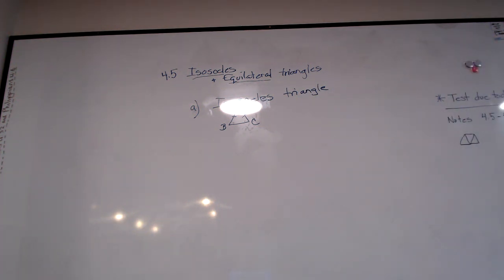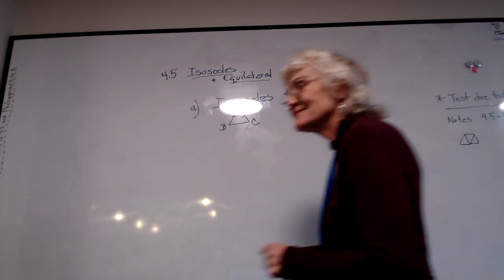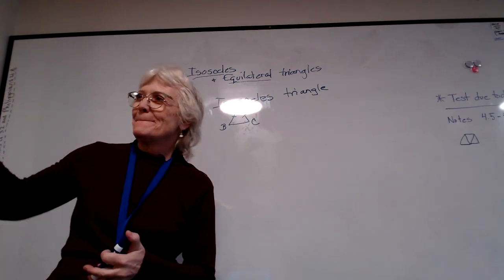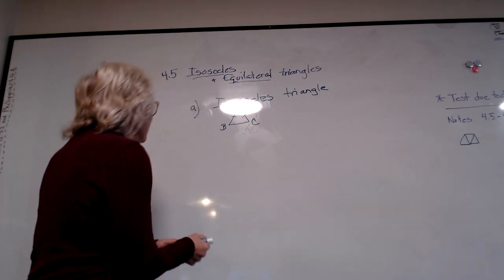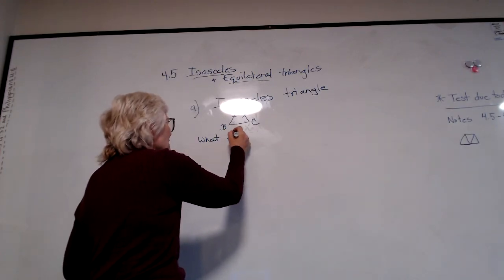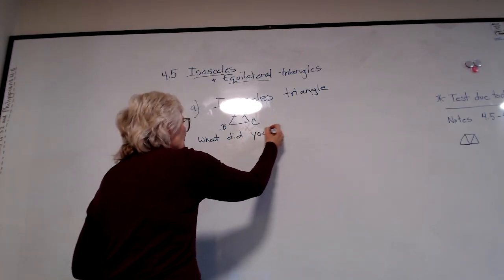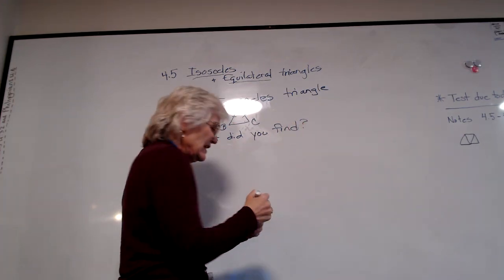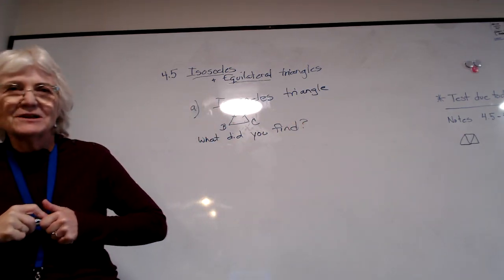Measure your angles now. And then what do you do once you're done measuring all that? I want you to tell me, what did you find? What do you see?